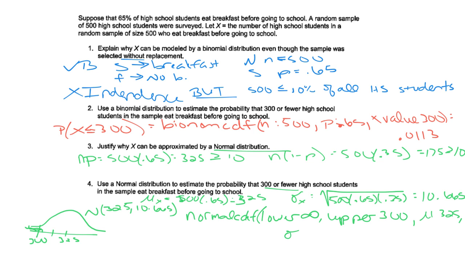Again, this counts as showing my work. Remember, 10.665 for my standard deviation. Close my parentheses. I get 0.00954. And in the world of statistics, that is close enough to this 0.0113. Again, that's why I can approximate or estimate my probability.